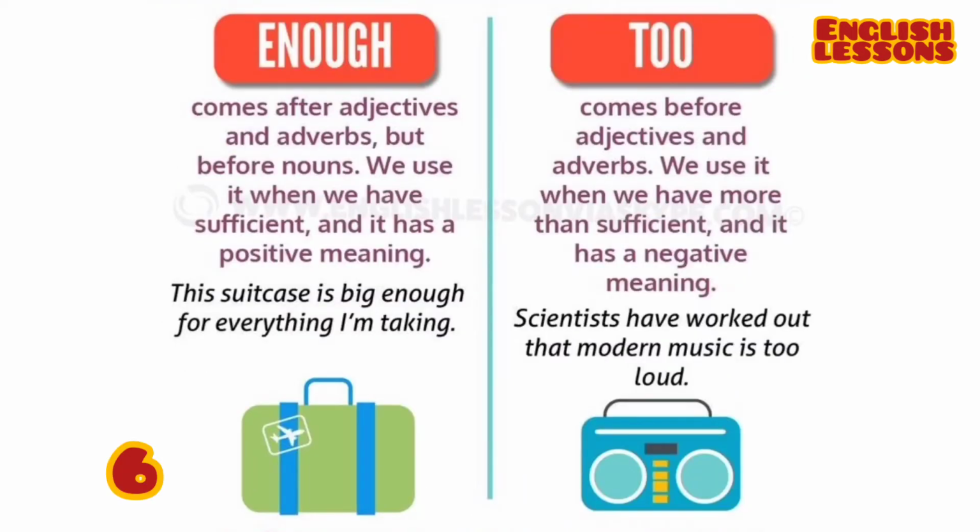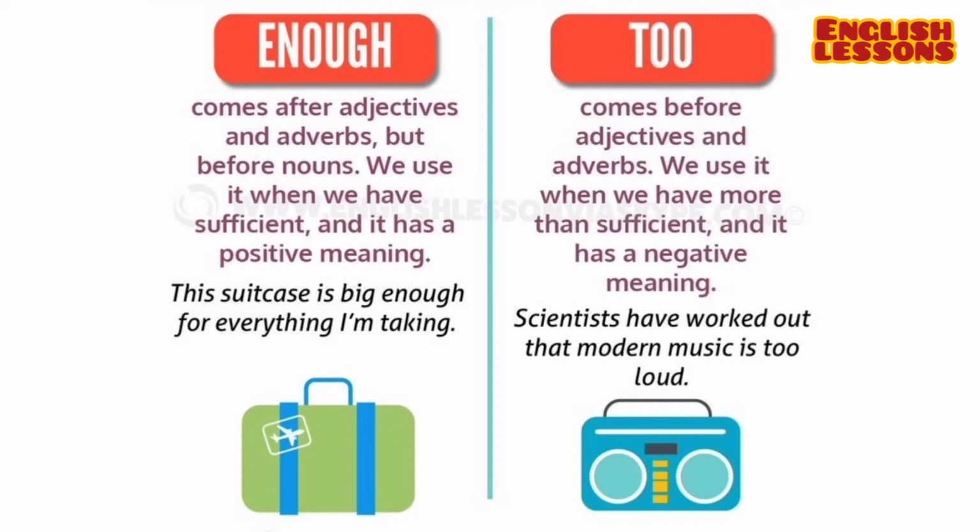Number 6. What's the difference between enough and too? Enough comes after adjectives and adverbs, but before nouns. We use it when we have sufficient and it has a positive meaning. For example, this suitcase is big enough for everything I'm taking.